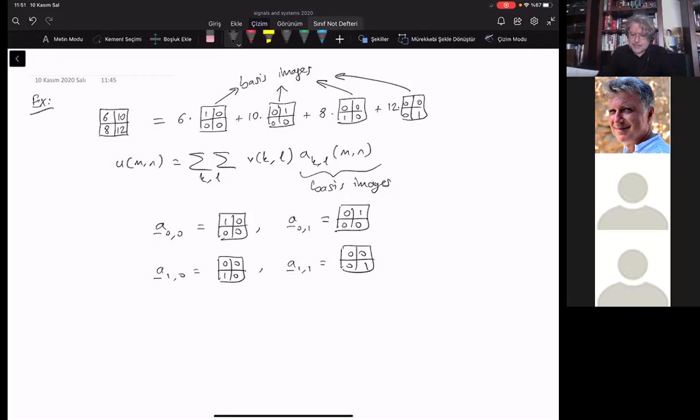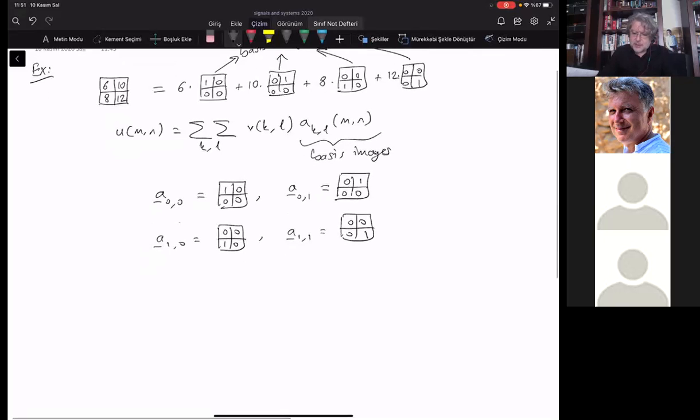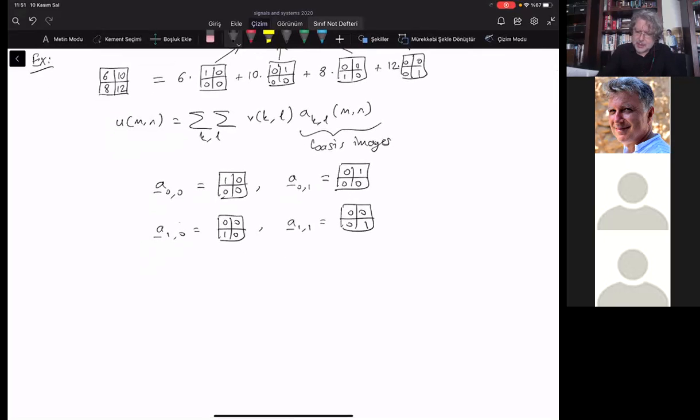Now I'm trying to come up with a different set of basis images, and those different basis images I'm writing in red, and I'm going to call them B. For example, B00 is 1 over 2, 1, 1, 1, 1, and B01 is 1 over 2, 1, 1, 1, 1.